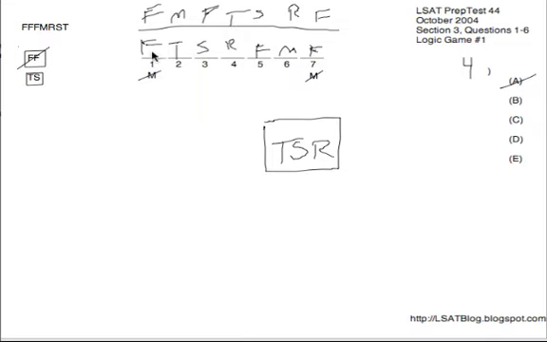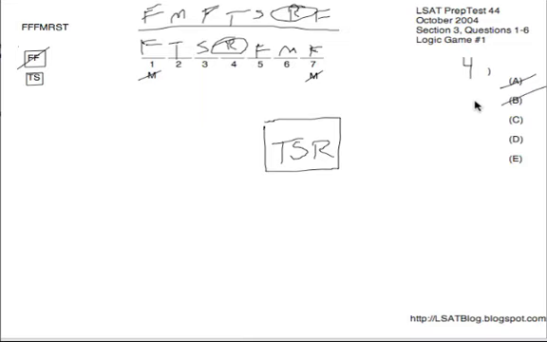So F on 7, F on 1, TSR on 4, 5, 6, versus TSR on 2, 3, 4, F5, F3, M6, M2, F7, F1. This diagram is essentially the mirror image flip of the original while maintaining the TSR specific ordering as a box. So in this diagram, you see R could be on 6 or on 4. So we do not have to have R on 4.